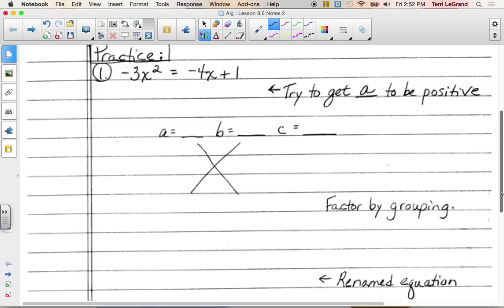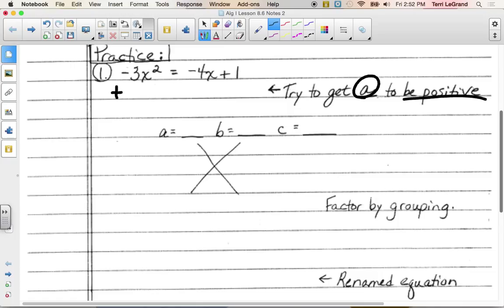But now a is not equal to 1 today. I say to you, it's really a good idea to try to get a to be a positive number. It actually should make life a little easier. It doesn't matter which side the zero's on. The 0 can be on the left side, the 0 can be on the right side. We just want to focus on a being positive, not moving that if we don't need to, or move it if we do need to.